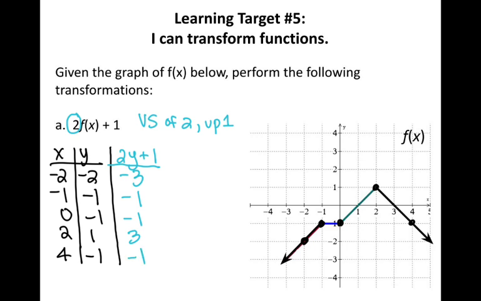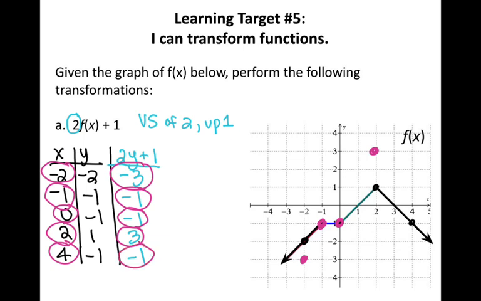So now I'm going to plot my new points. My first point is -2, -3. -1, -1. 0, -1. 2, 3. 4, -1.